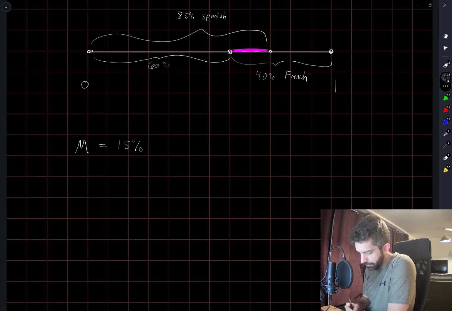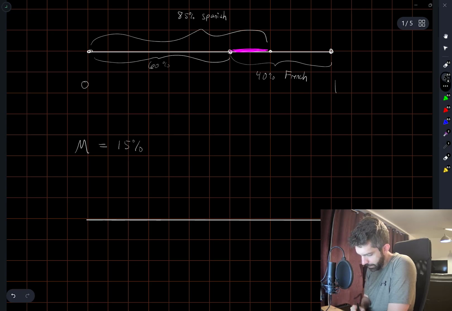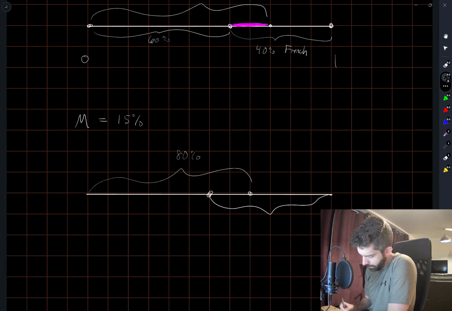Okay. And if I want to minimize the number of students that overlap, then I will take 80% in Spanish and 30% in French.